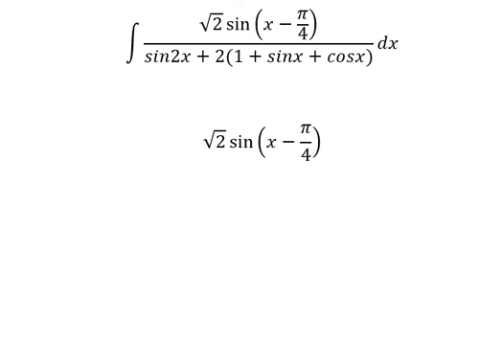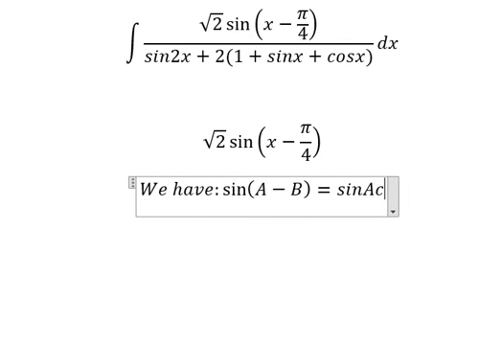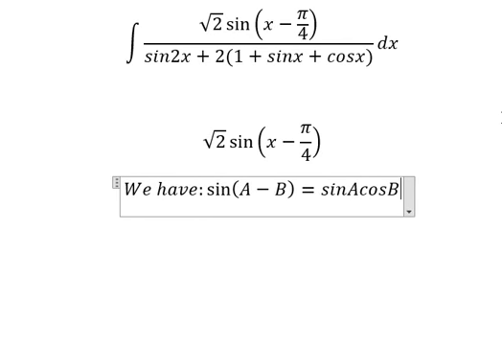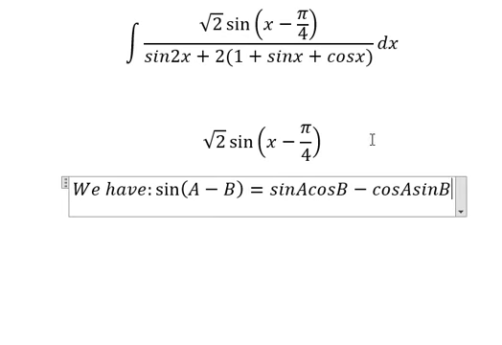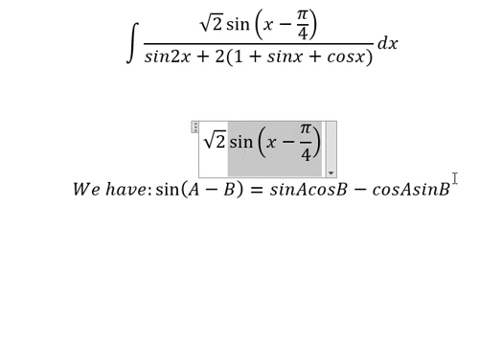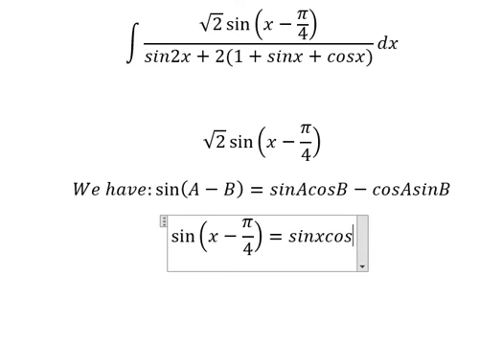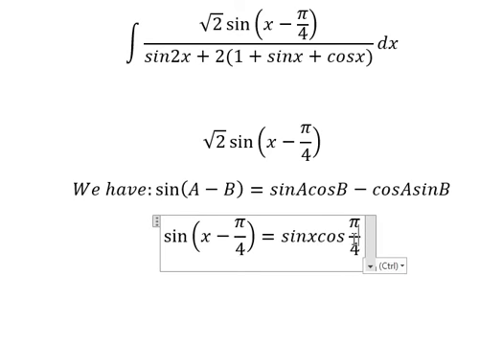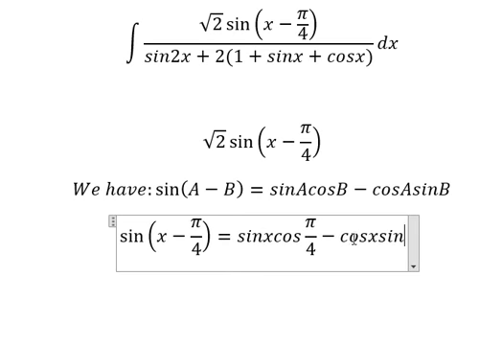So we know that we have the formula for sine of A minus B, equal to sine A cosine B minus cosine A sine B. So for this one, you will get sine x cosine π over 4 minus cosine x sine π over 4.